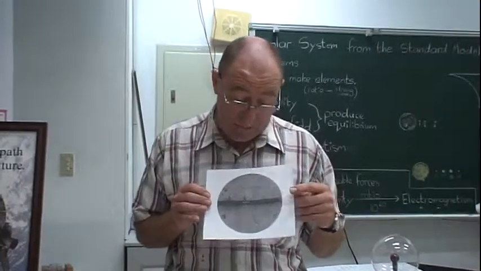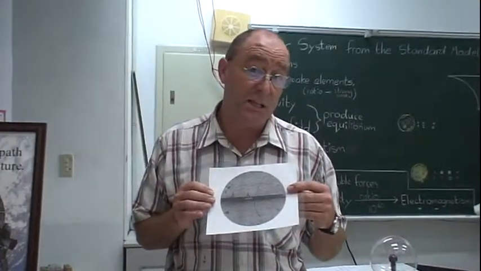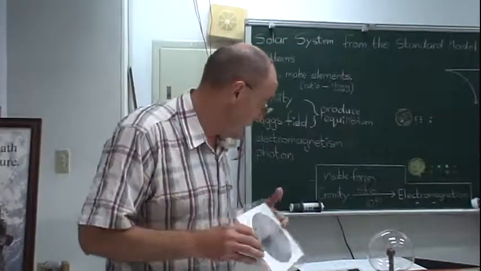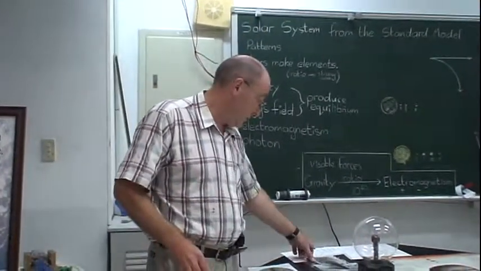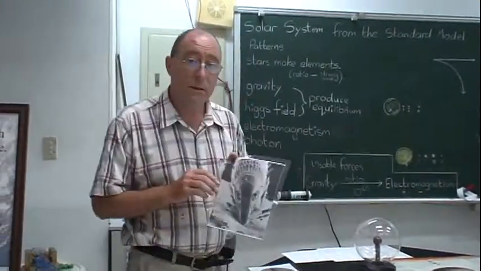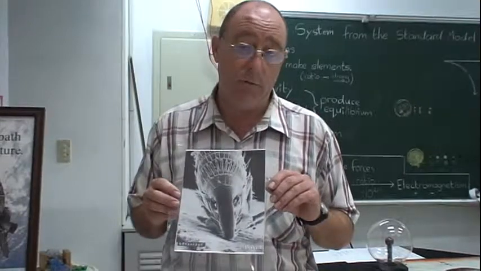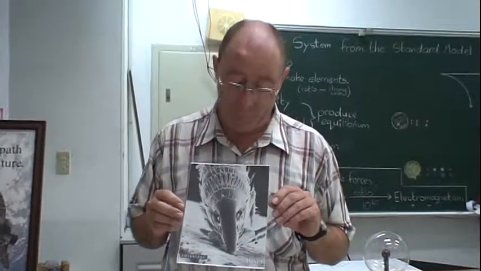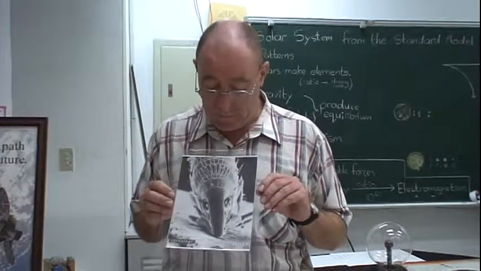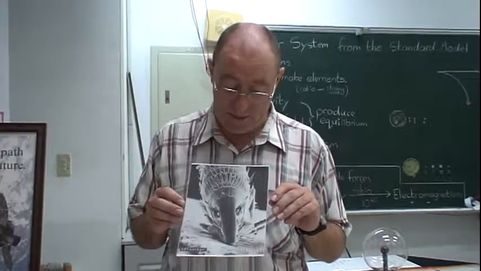It looks like a little thing in a little space, but if I show you this photograph, it is not made with light. The wavelength of light is too big. This photograph is made with matter, because matter has a wavelength.